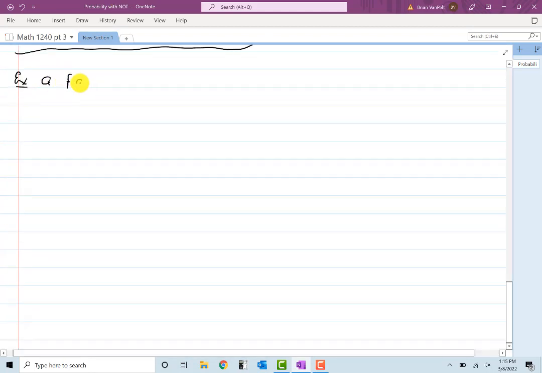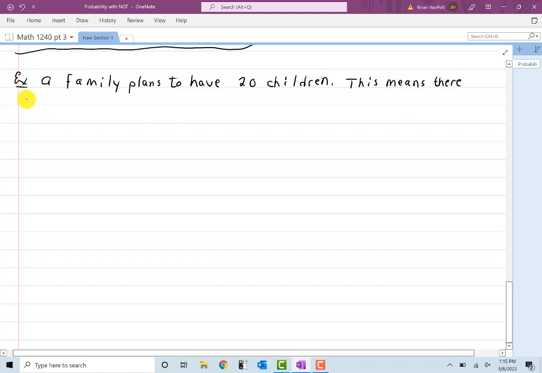A family plans to have 20 children. This means there are 2 to the 20th, which equals 1,048,576 possibilities.